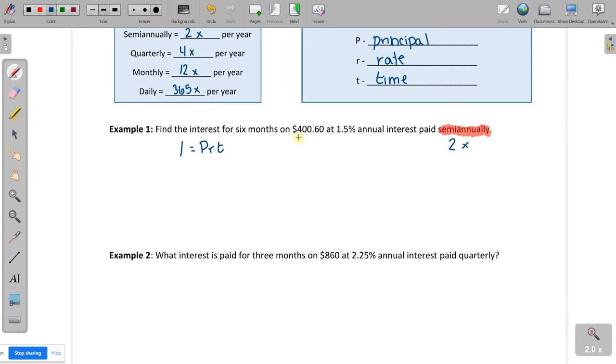Our principal is $400.60 times our rate. Our rate here is 1.5%, but we have to change the percent to a decimal. So remove the decimal 2 places to the left so it becomes 0.015.